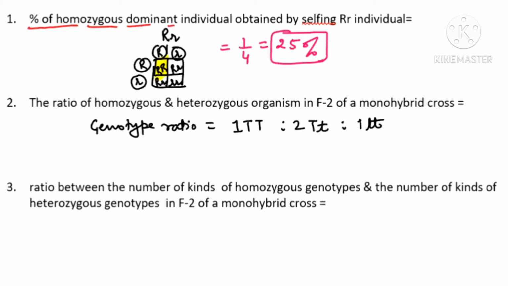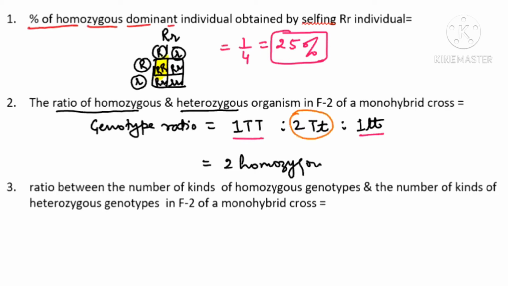Now the question asks for the ratio of homozygous and heterozygous. This is homozygous and even this is homozygous, and only one is heterozygous. So there are two homozygous and two heterozygous. Is it clear? Two homozygous and two heterozygous, so the ratio will be 1:1.